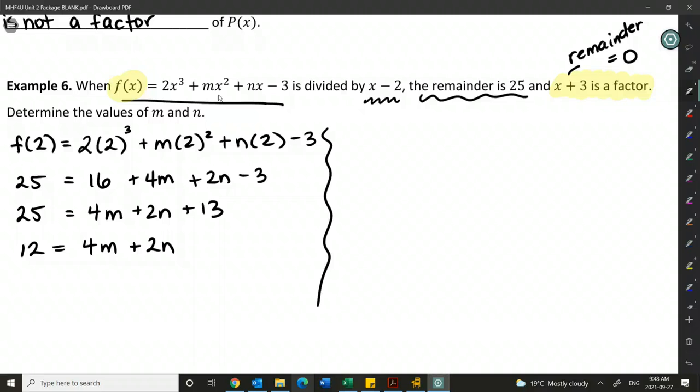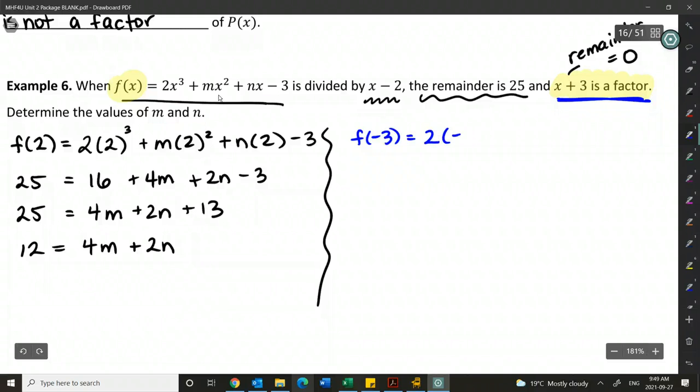I'm going to apply remainder and factor theorem here. How can I set up that second equation with this piece of information now? What would I evaluate if my binomial is x plus 3? What would I sub into the equation for x? Keaton? Okay, so we are going to now plug in f at negative 3.